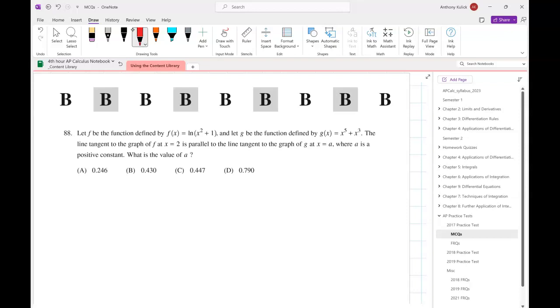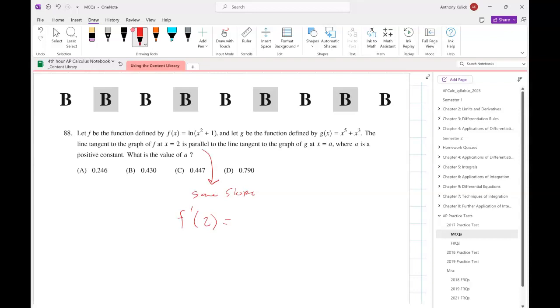What is the value of a? So parallel means they have the same slope. How do I find the slope of f at x equals 2? F prime of 2. So that has to equal then the slope of g at a.